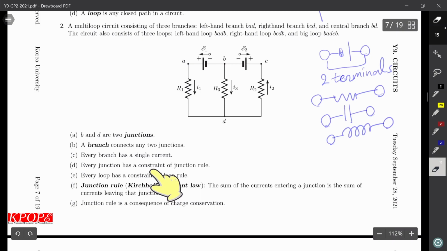Every junction has a junction rule. Current conservation is needed.